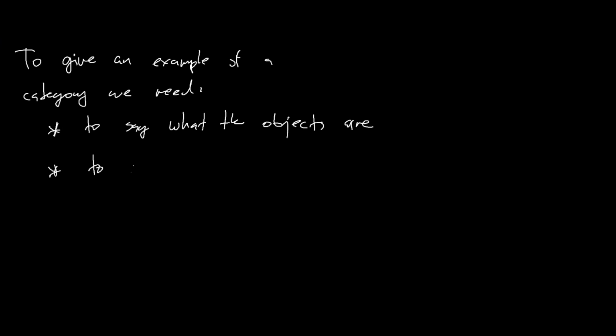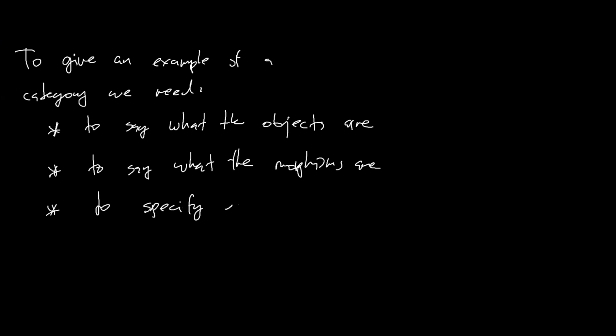We need to say what the morphisms are. And we also need to specify equivalence, to describe when is one path of morphisms equivalent to another path of morphisms. So any suggestions? What should we take as our objects, and let's make it as simple as possible.